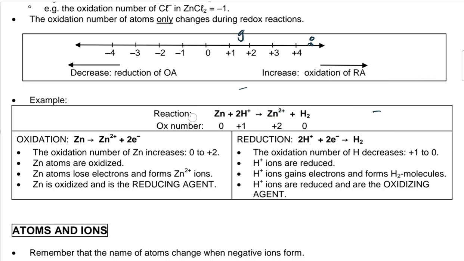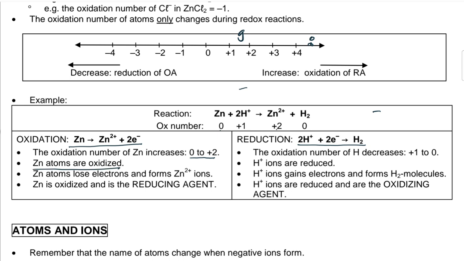So let's look at the summary here. This is 2 half reactions. The oxidation number of Zn increased from 0 to positive 2. Zn atoms are oxidized.